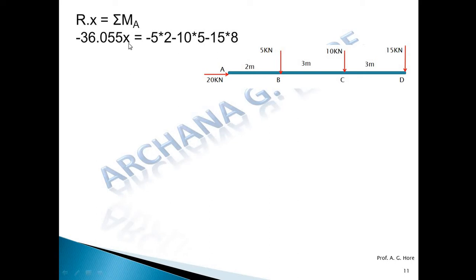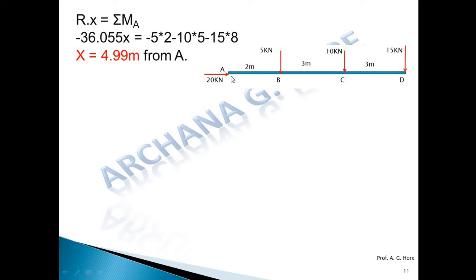Minus 36 point this x, and first force, this 20 kilonewton is passing through the point A. Its moment is 0. Now this force rotates clockwise, so minus 5 into 2, then minus 10 into 5, minus 15 into that 8 complete distance. So we'll get the x, that is the perpendicular distance of R from point A.